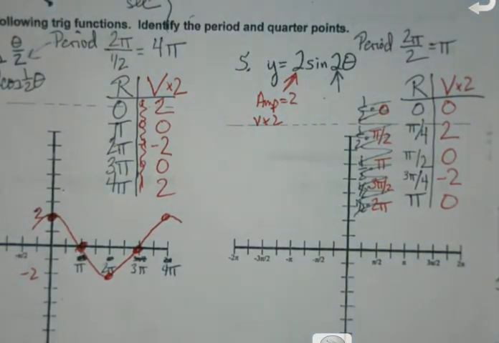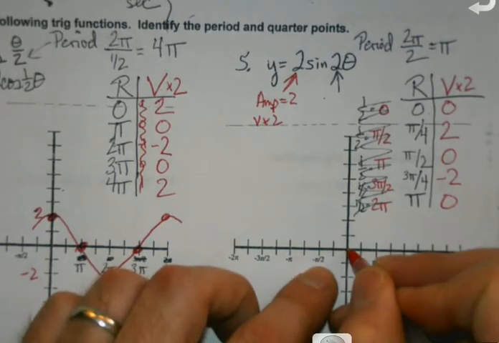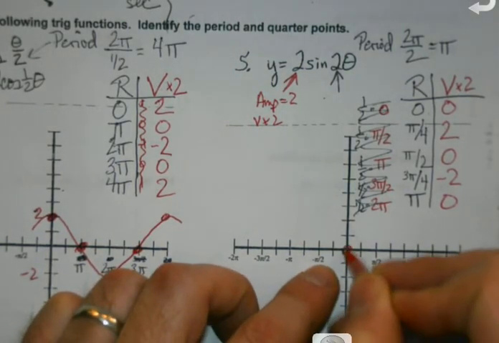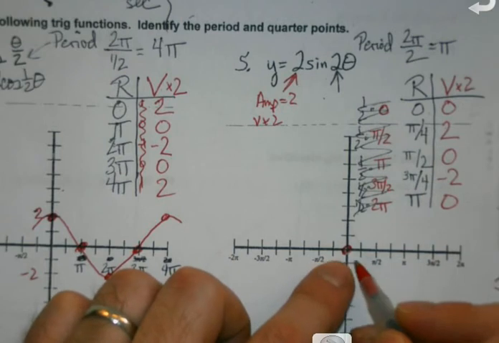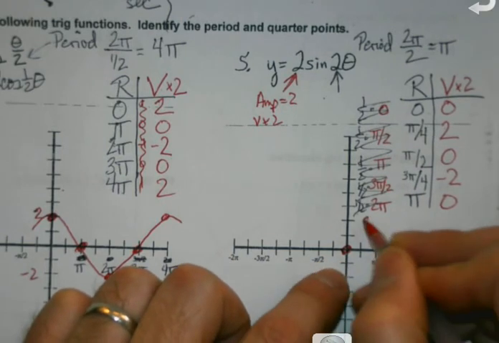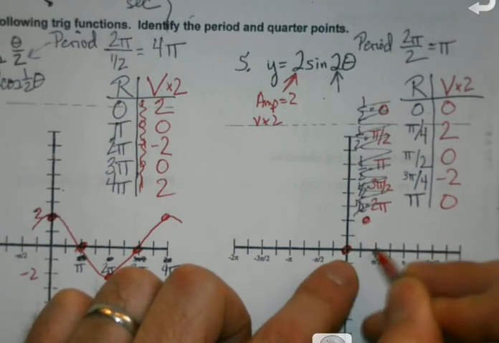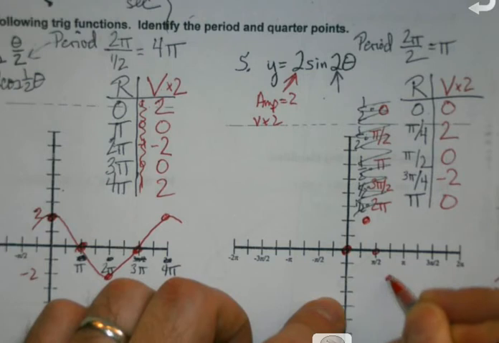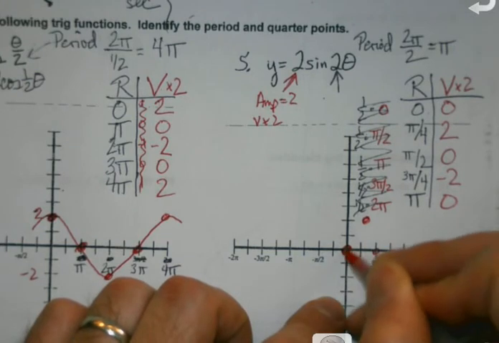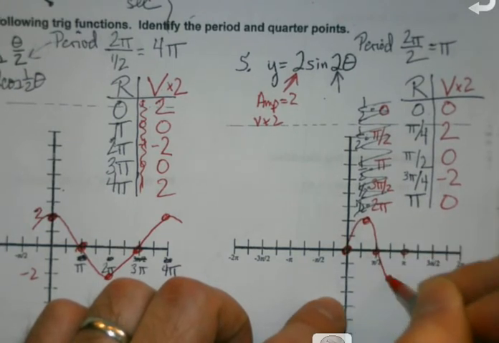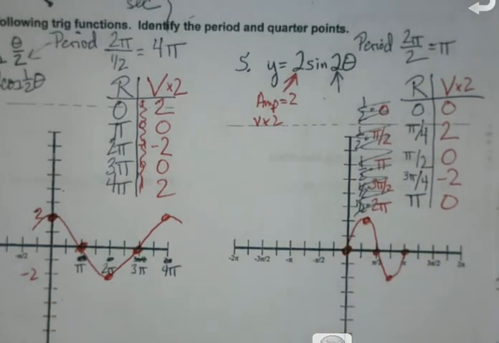Just took my normal sine values and multiplied them by 2. And once I've done that, I am ready to plot. And this time the graph actually works, because pi over 4 would be this next line. Pi over 2, and back. And if I wanted to keep going, I could.